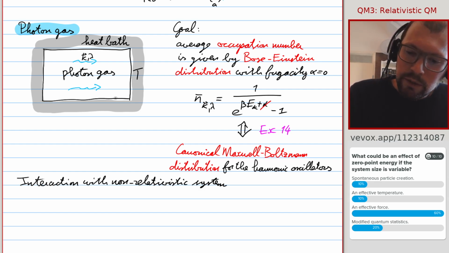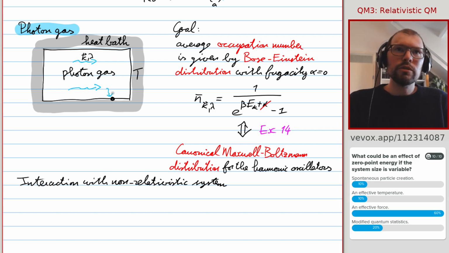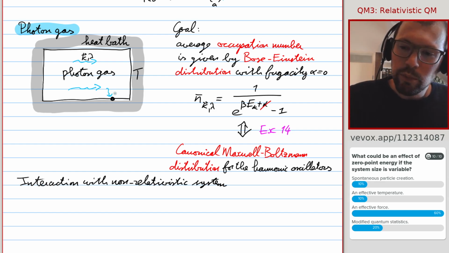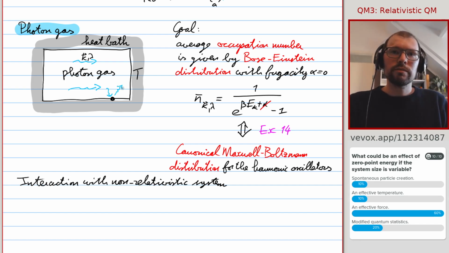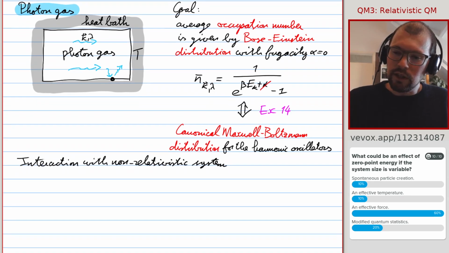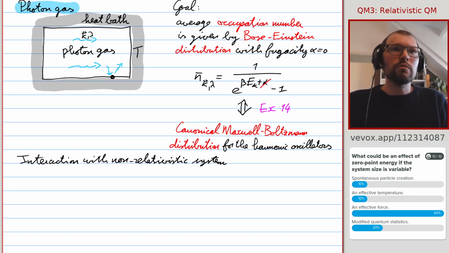Right, so we think of a photon being absorbed by, say, an electron in one of these atoms on the wall, or being emitted by one of these electrons. And we'd like to understand exactly how this process comes about.